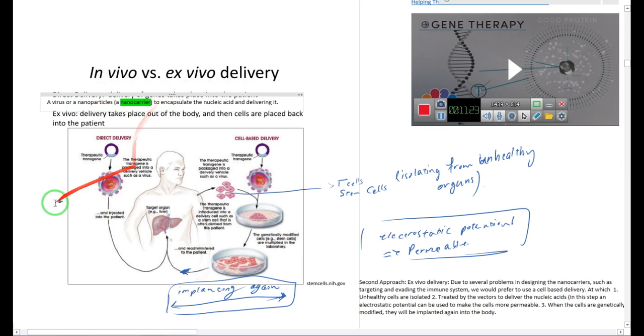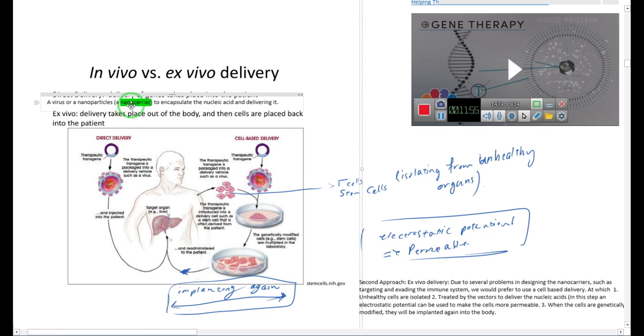A nanocarrier can be either a nanoparticle, such as a polymeric nanoparticle which contains the nucleic acids. I told you, if we use, for example, the polymers to encapsulate the nucleic acids such as DNA or RNA, they are called the polyplexes. If we use the liposomes, they are called the lipoplexes.